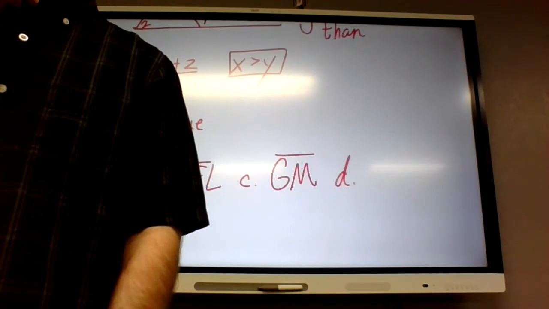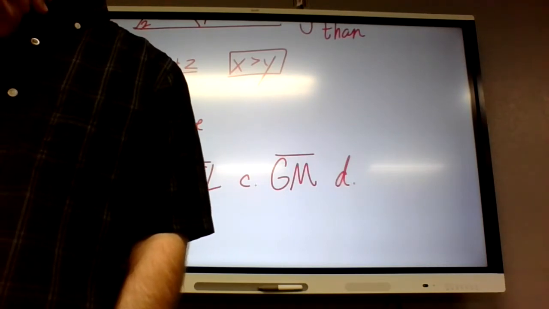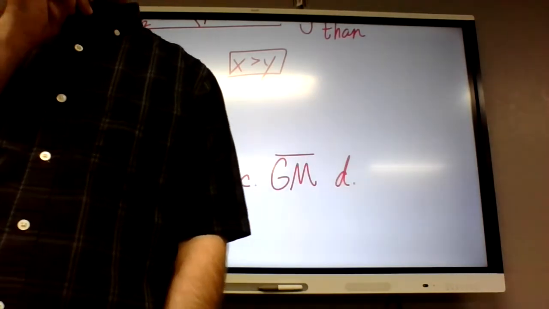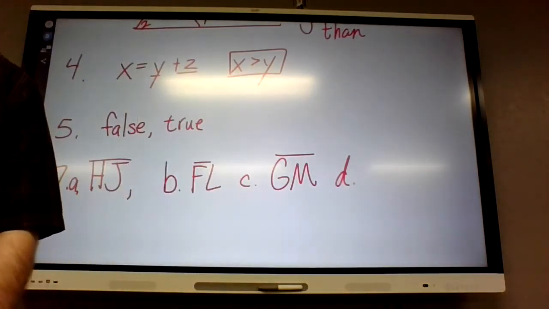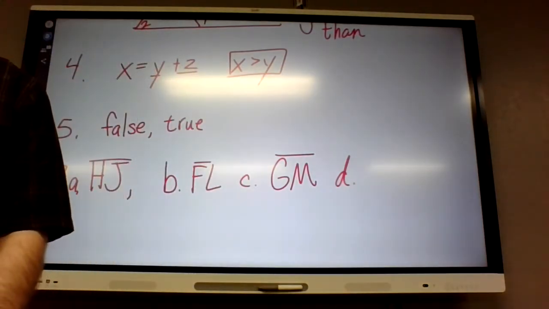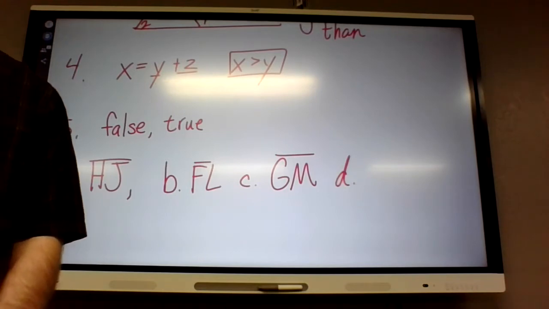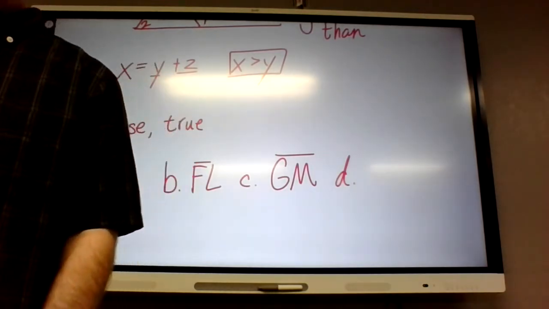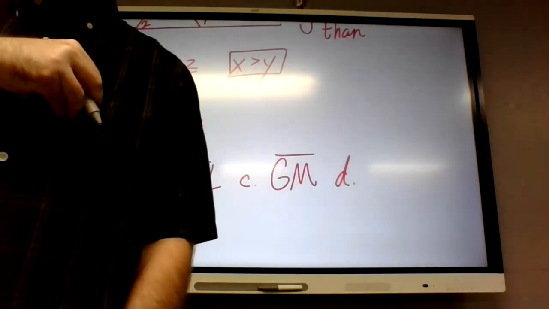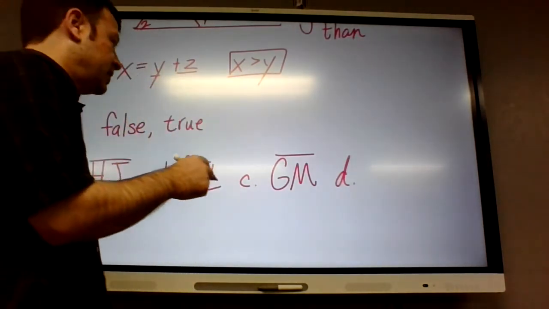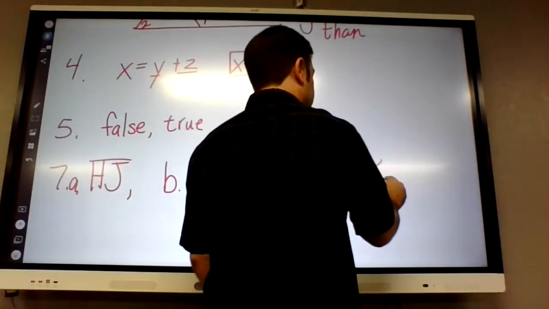It's got to make a 90-degree angle, and it's got to bisect the side. KM makes a 90-degree angle, and it cuts FH in half. So yeah, KM. These are all segments.